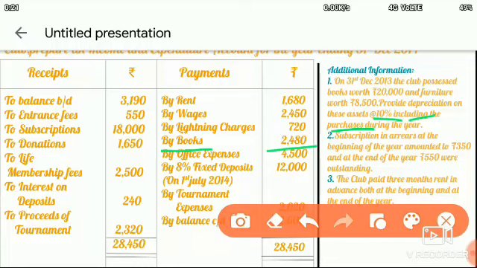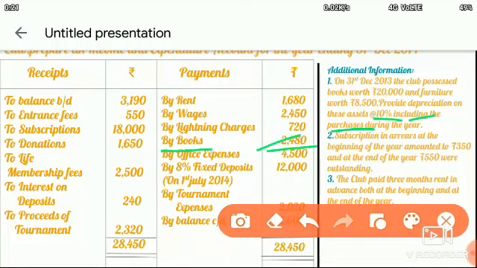So we have to provide depreciation on the purchases of books, and the date of purchase of books is not given. So we will assume that the books have been purchased at the beginning of the year. So we will provide depreciation for the whole year on 2,480.